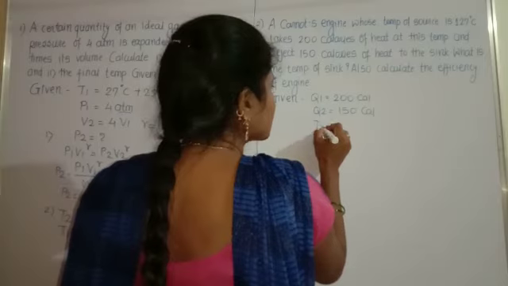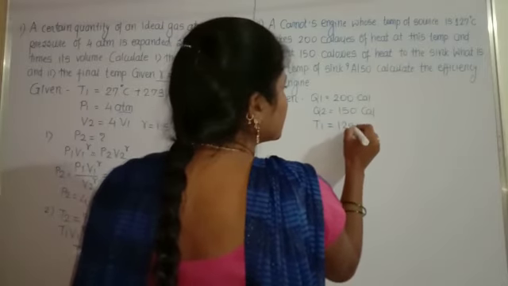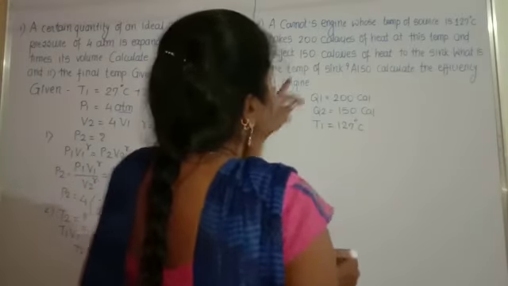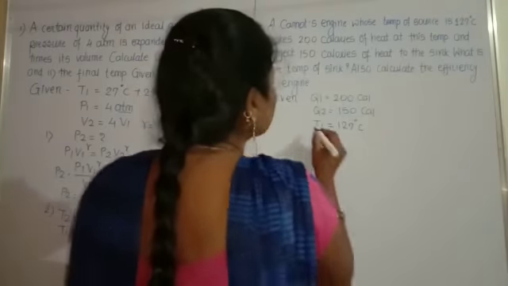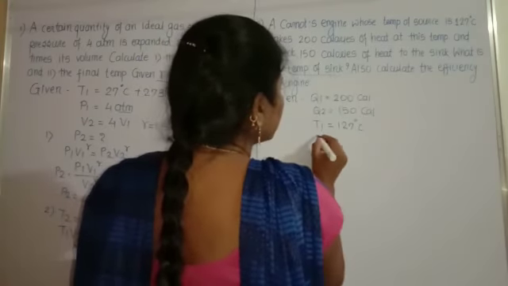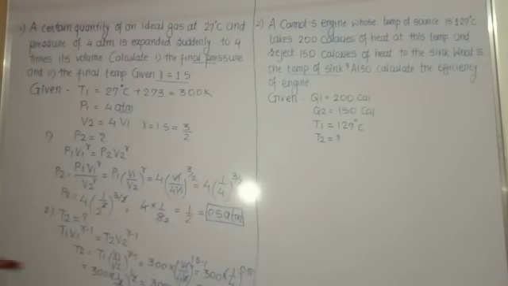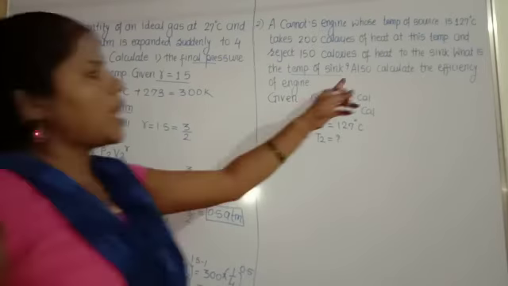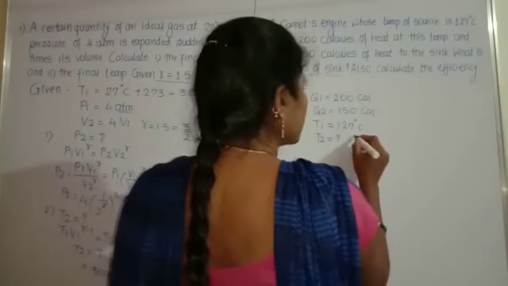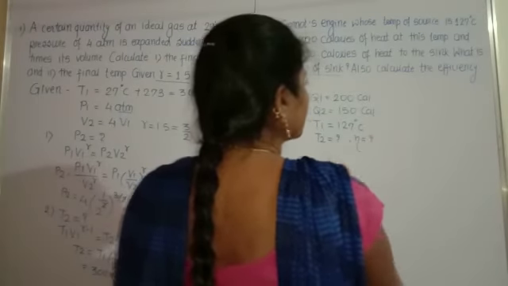Q2 equals 150 calories. And the temperature of the source, T1, equals 127 degrees centigrade. Then we have to calculate the temperature of the sink, that is T2, and also the efficiency, that is eta.